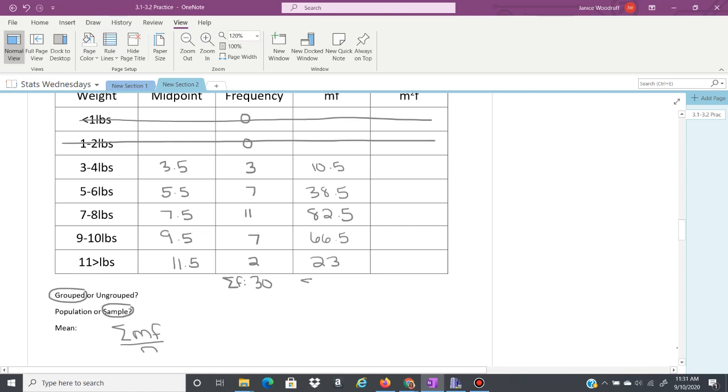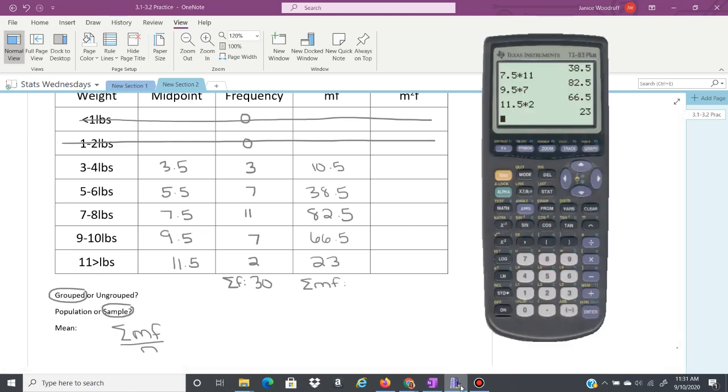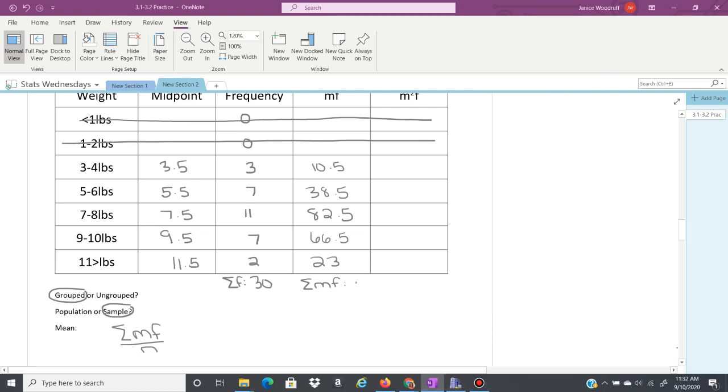So let's go ahead and add all of those numbers together. And that's going to be, let's see, 221. All right, next we need m squared f. Oh, let's do the mean first. I'm sorry.